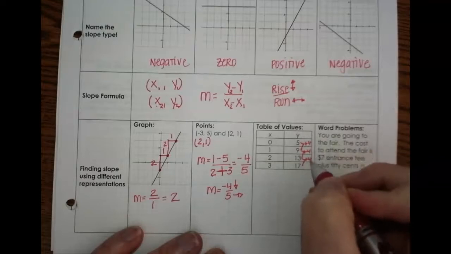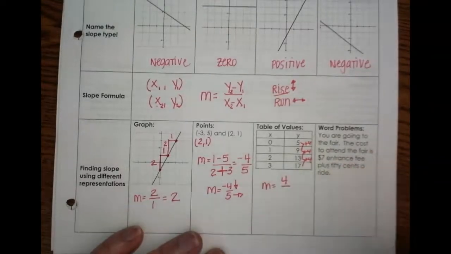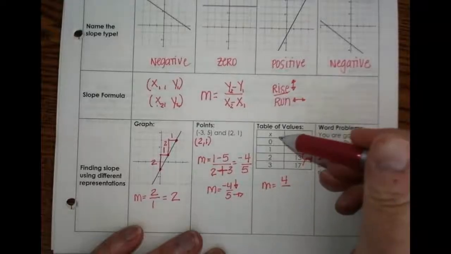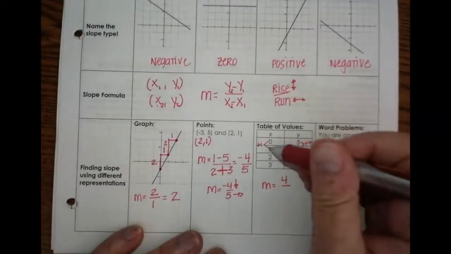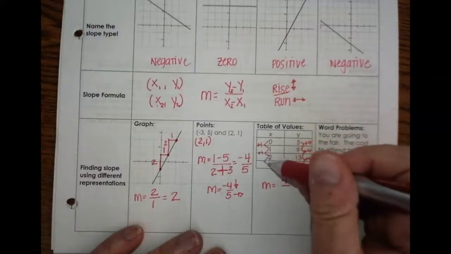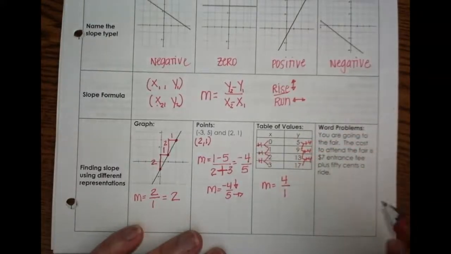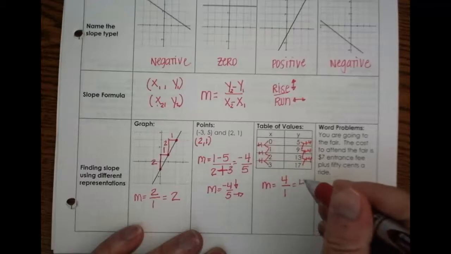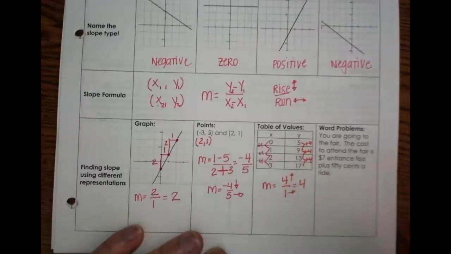So that's our rise, because that's the y value. So it's going to be a positive 4 on top. And now let's look at the x values. How are they changing each time? There's a plus 1, plus 1 again, plus 1 again. So it's always plus 1, so it's going to be 4 over 1, which simplifies down to just 4. So that means go up 4 and right 1.